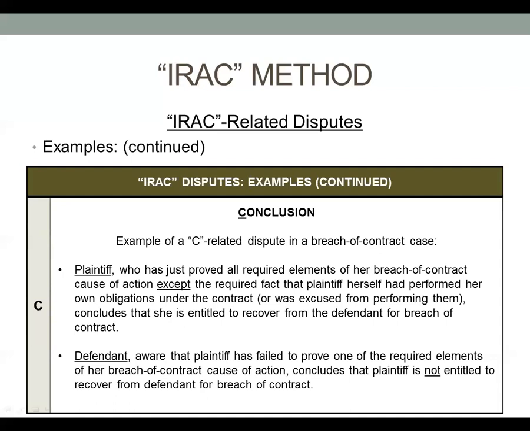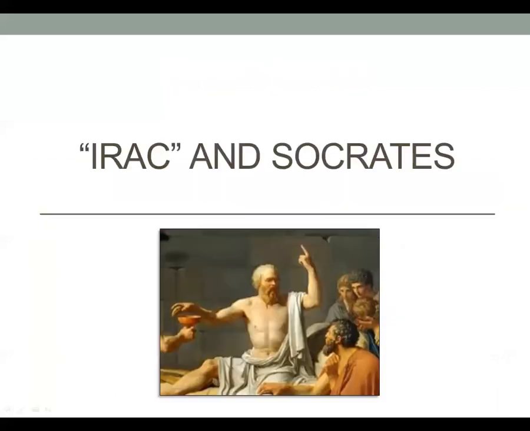The defendant says, I conclude the plaintiff is not entitled to recover because the plaintiff failed to prove one of the required elements. So as you can see, disputes can crop up among the parties in any of the 4 stages of the IRAC pattern of reasoning. And it could be one, it could be 2 of them, or it could be all 4 of them. And so the more disputes you have like that, the more complicated the case becomes, but also more interesting.